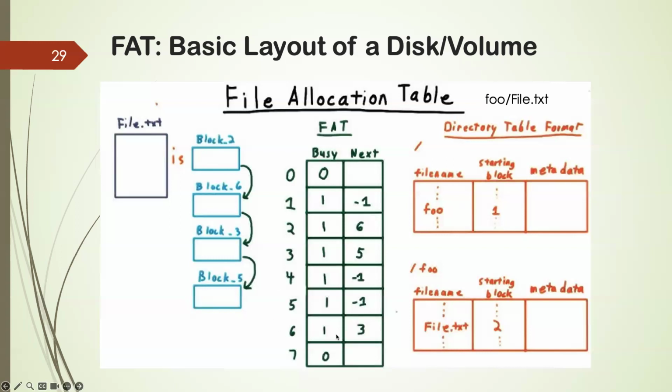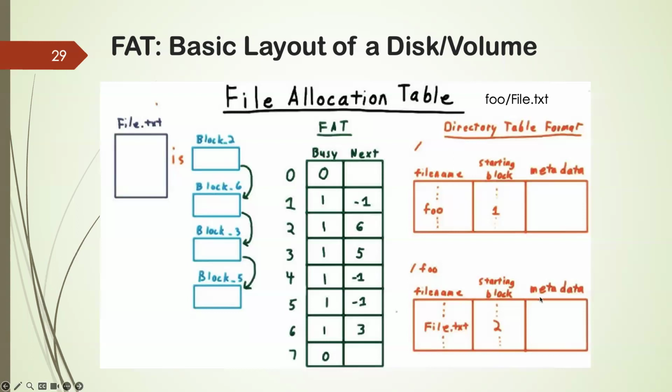So we'll go to cluster number 6, change it into 1, store the second half of the data here. Next, we have assigned cluster number 3. We go to cluster number 3 and store this block right here. And next is cluster number 5, where we will store the last block. So in this way, you can store different blocks of data of a file into the file system.